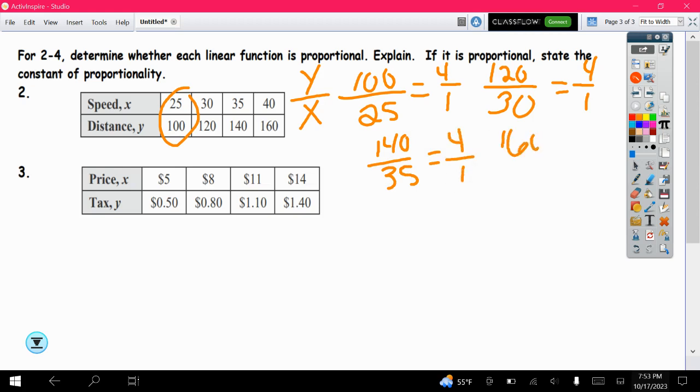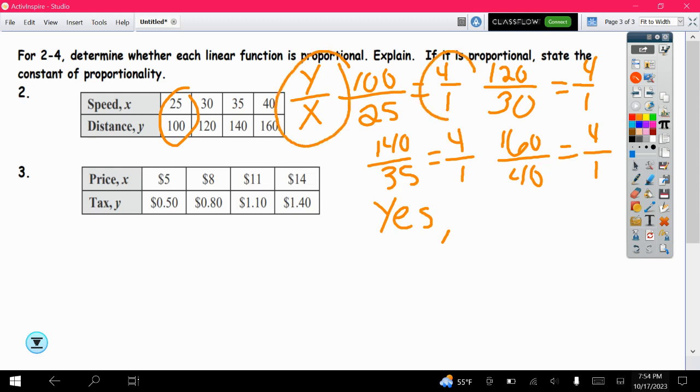And lastly, we have 160 over 40, which also simplifies to 4 over 1. So yes, this is a proportional relationship. Now, since we put all of our ratios as y over x, this is our constant of proportionality. So yes, this is proportional, and the constant of proportionality equals 4 over 1, which is the same as just saying 4.